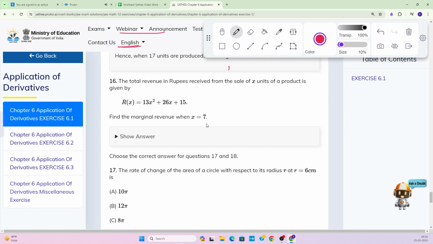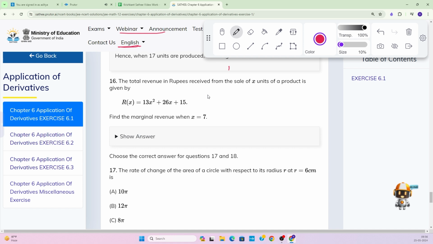Here we are asked to find the marginal revenue. In the theory class, we already know how we find the marginal revenue: we find it using dR/dx. It is already defined there. So here we also do the same.